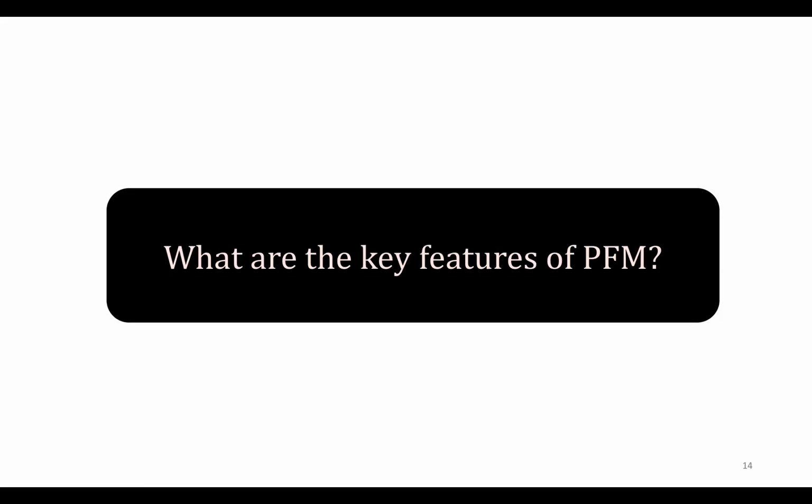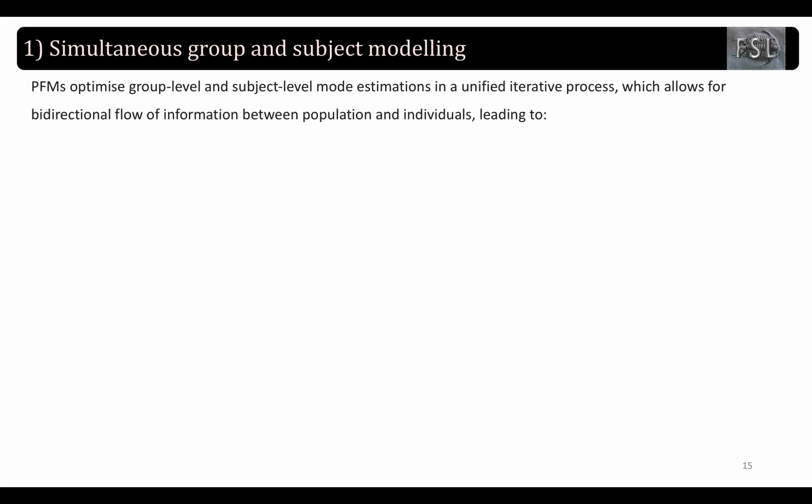Now that we learned about how the model works, let's have a look at some of its key features. The first key feature is what we already discussed, the simultaneous modeling of the group and single subjects, so that it gives us a unified iterative process where the group and the subjects are modeled together.